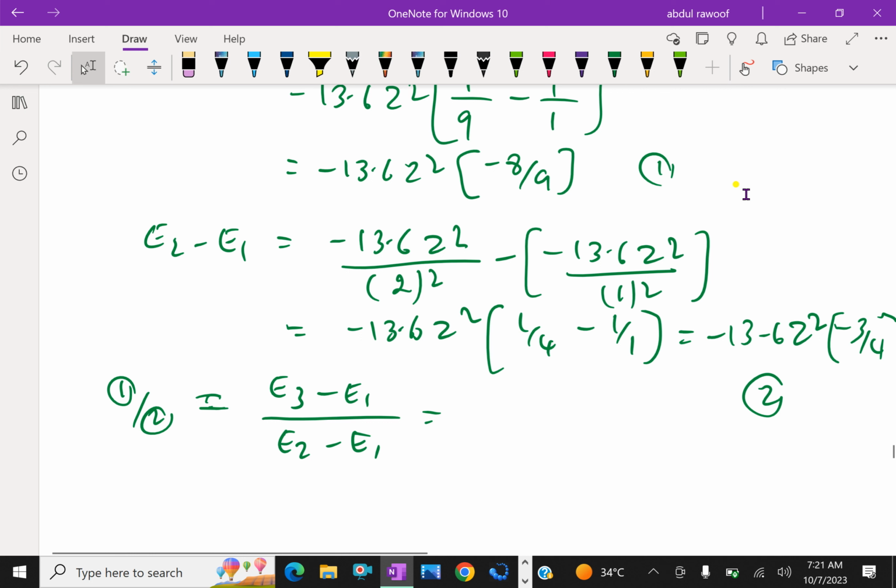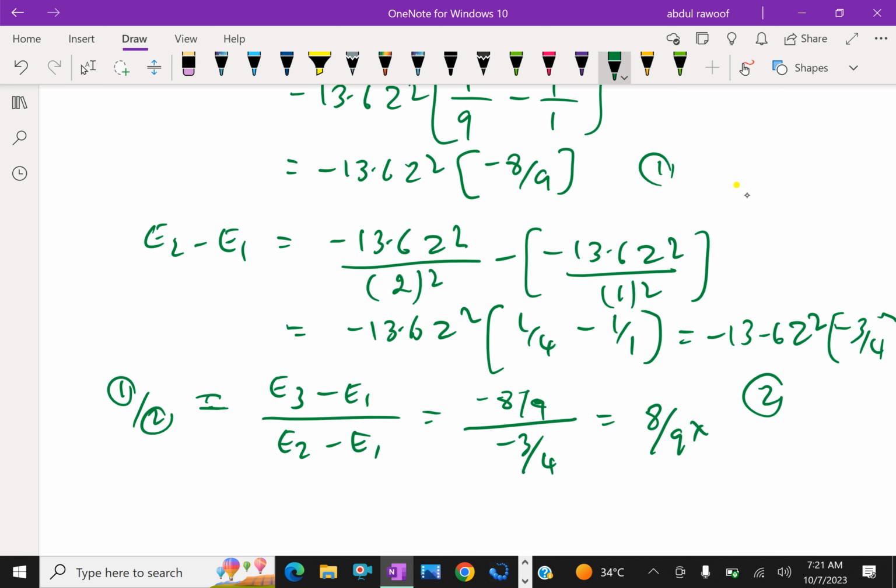Then which is equal to minus 8 over 9 over minus 3 over 4, which is 8 over 9 into 4 over 3, which is equal, ratio is 32 over 27, 3 nines are 27.